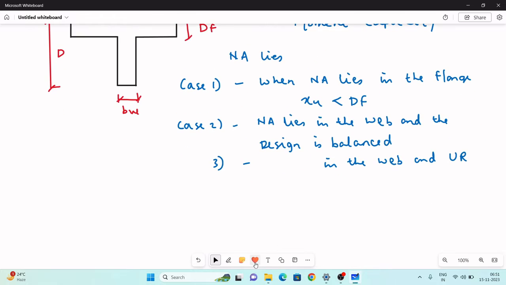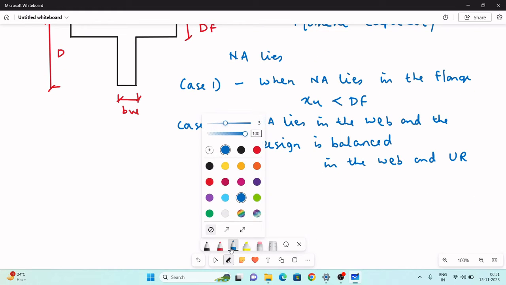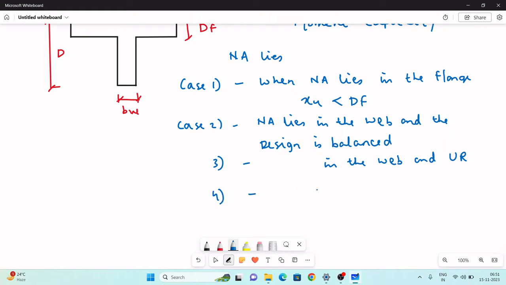And case number four, same, neutral axis lies in the web, and the design is over reinforced. So we have four cases. In this video, we will see case number one, and we will also solve a problem with regards to case number one. Cases 2, 3, 4 we will see in the next video.